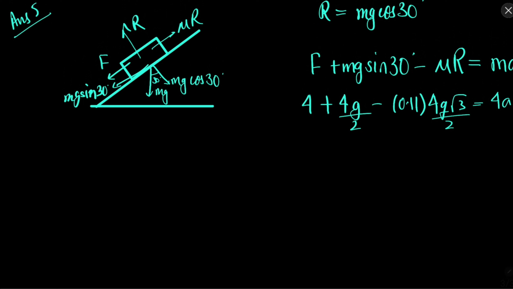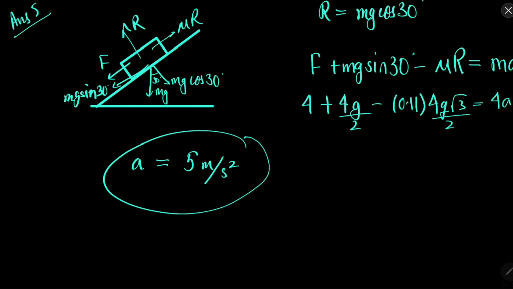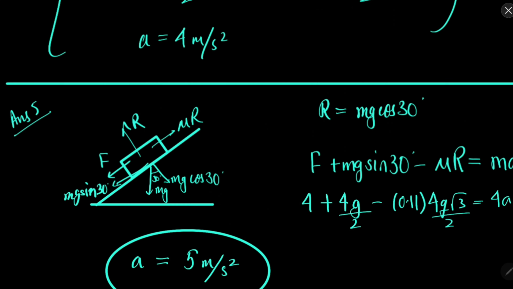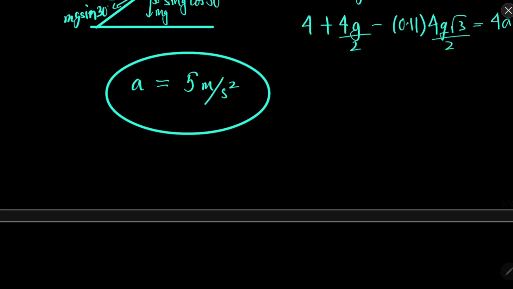So in this question you can solve for a easily. Once you solve for a, the answer will be approximately 5 meter per second square. Once you find the acceleration, you can do other things. So u equals 0, t equals 2 seconds, a equals 5 meter per second square.